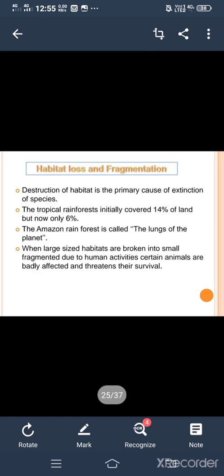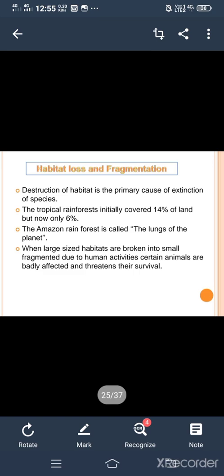When we destroy the pond by any means, we can close the pond or we pollute the pond, what happens there? The organisms living in that pond will die because we are destroying the place where they are living, and that is called habitat loss.